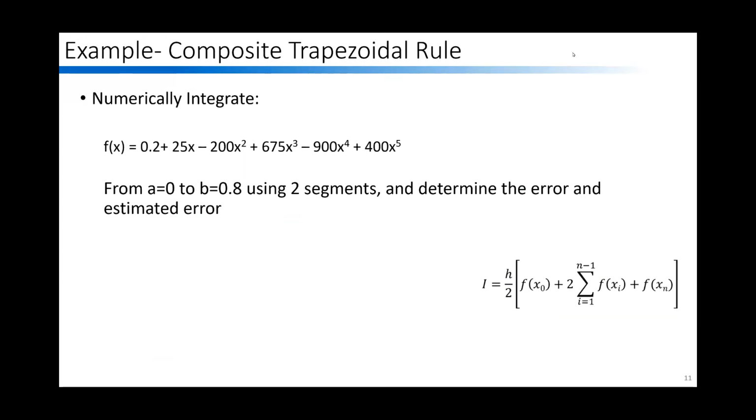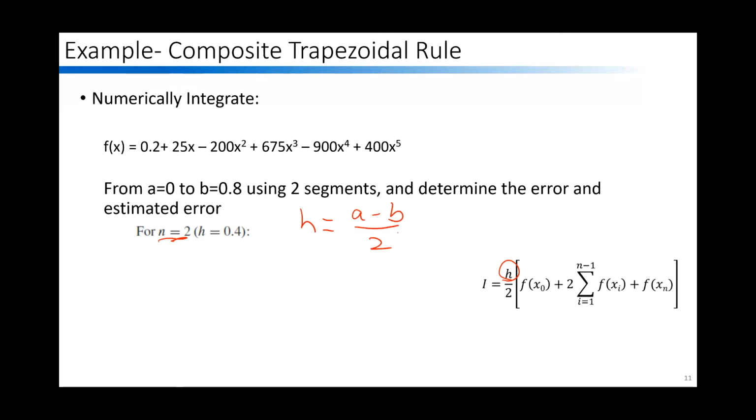Let's go back and use the exact same equation that we did before, but let's use a composite trapezoidal rule. Let's do this in 2 segments. So the first thing that we need to look at is what is our h. So if I have n equal to 2, that means that my h is equal to b minus a over 2, right?